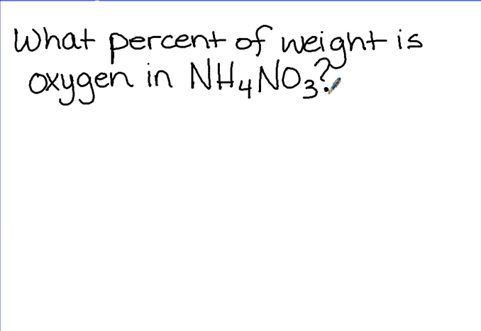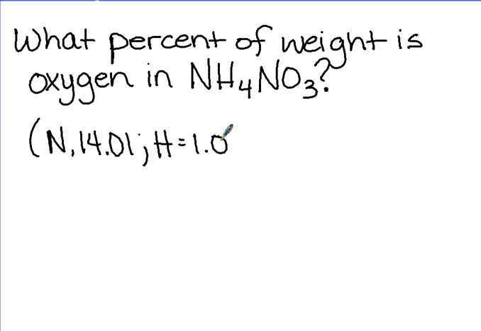And let's see, N is equal to 14.01, H is equal to 1.008, and O is equal to 16. So we're finding the weight of the oxygen. Go ahead and try that by yourself, and we will check it when you come to class.